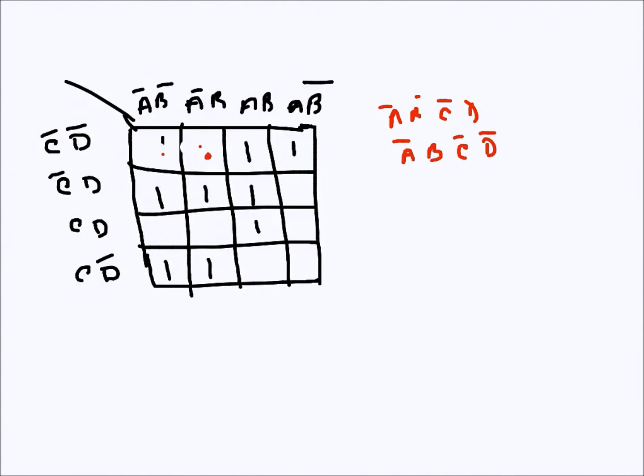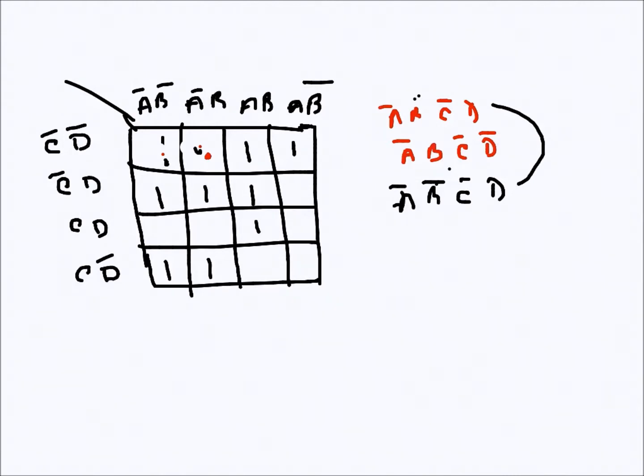So only one variable changes from one square to another adjacent square. Similarly downwards, if we go down, it's a bar, b bar, c bar, d.